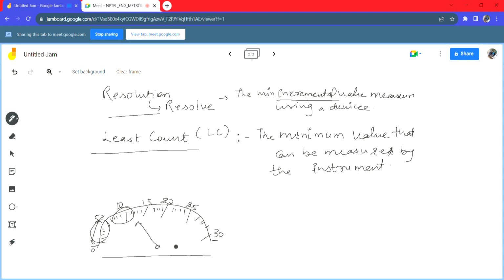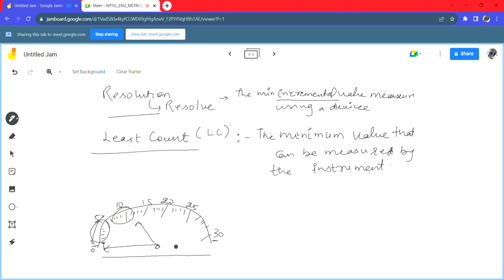So if my pointer starts to give me a value and the minimum value that it reads is, say, this, and after this, when it starts to move, the first value that it gives is 1 or 2 or 3, whatever it starts to give. The minimum value that we read at this point of time is called the least count of the device.